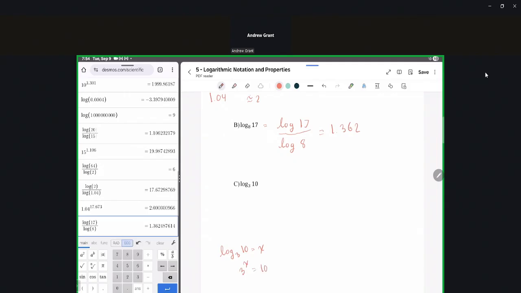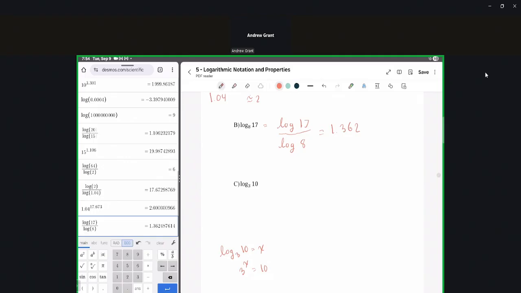So before typing this into the calculator, I'm thinking, okay, 3 to the power of something equals 10. It's going to be 2 point something, because I know that 3 to the power of 2 is 9, and 3 to the power of 3 is 27. So it's 2 point something for sure.